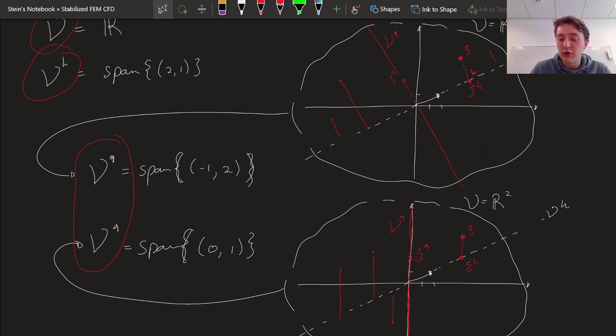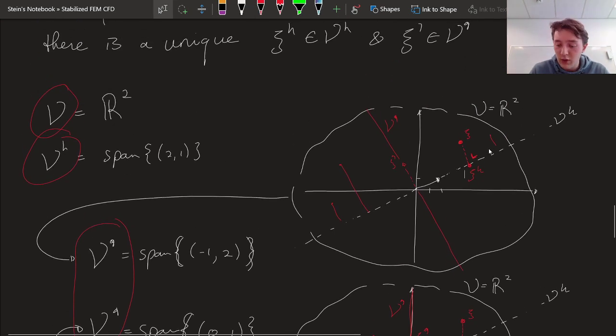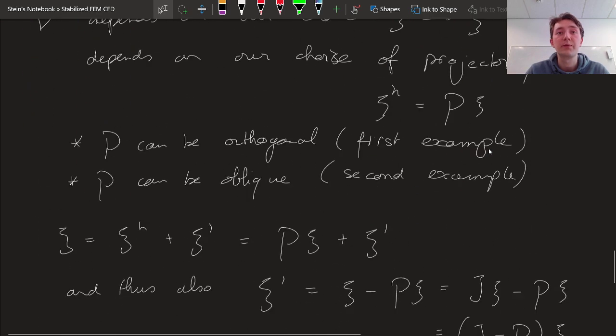But naturally, if I choose an orthogonal projection, or the projection that you see in the bottom, then you find that if I were now to project this point psi h orthogonally onto the space VH, well, naturally that would end up at the same point, right? So we have that the projection of the projection is going to be equal to the projection itself.